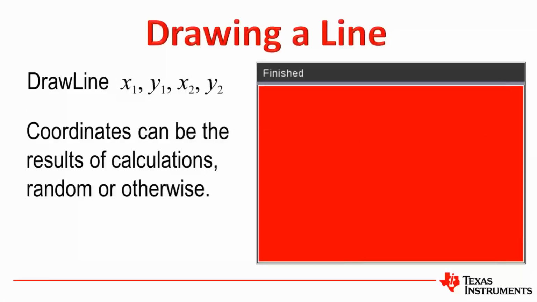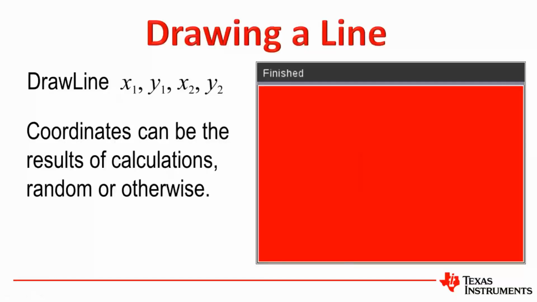So I said we'd do the draw line. The syntax is actually pretty obvious. You can pick up the syntax for all of these commands in the catalogue, the little book. We go from x1, y1 to x2, y2. No brackets required, just commas separating our variables.